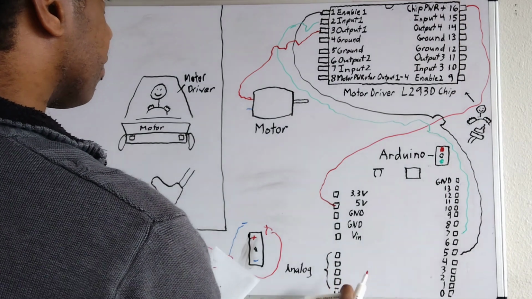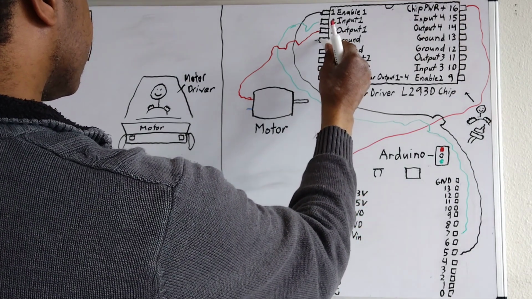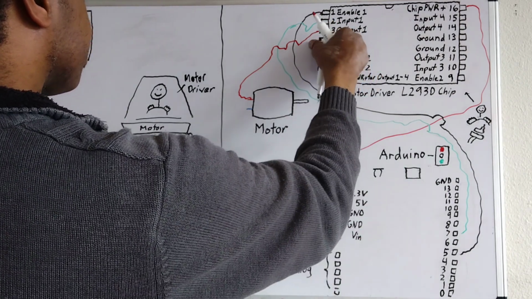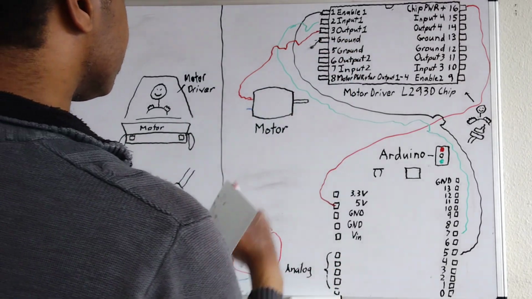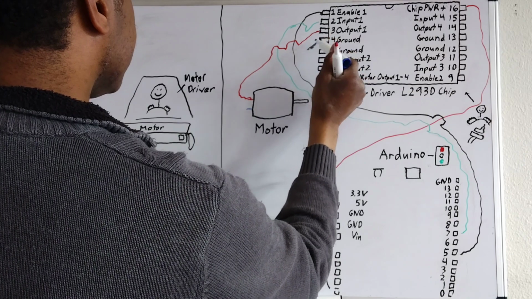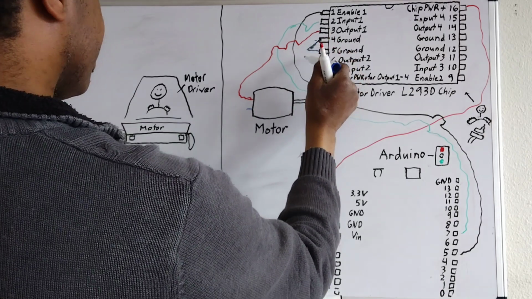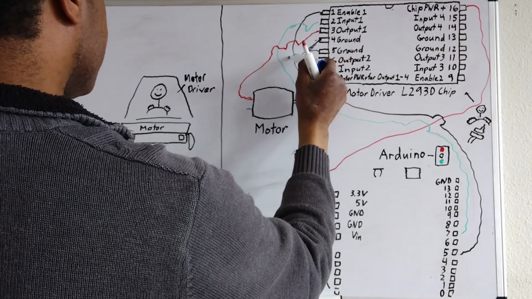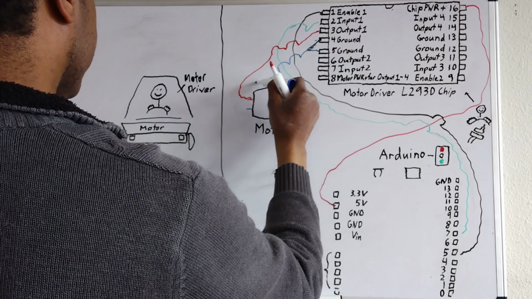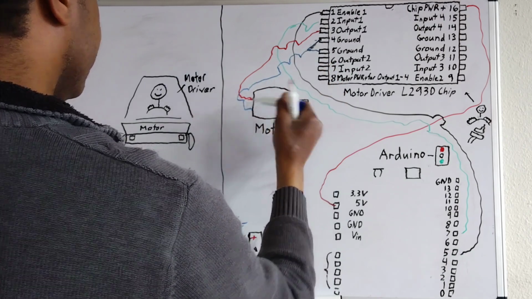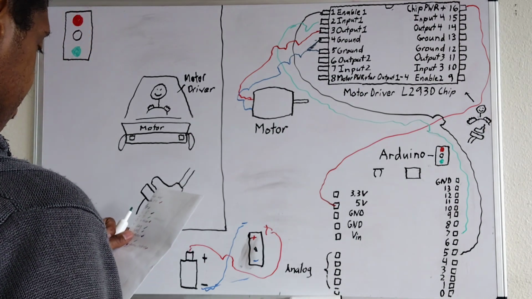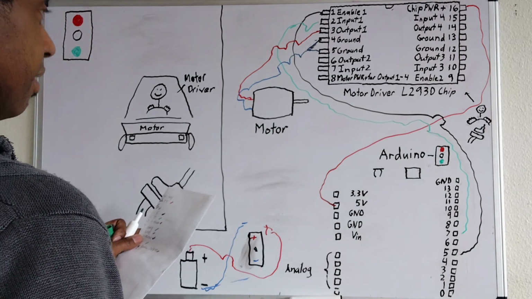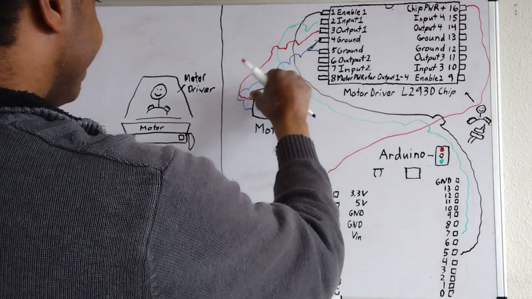So we put this, oops, that's black. So we take this and this, and we go, well, we could go here, and let's turn the motor. Let's see. Oops, sorry, not there.